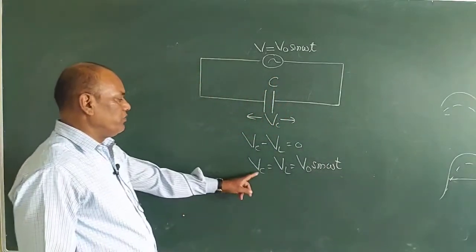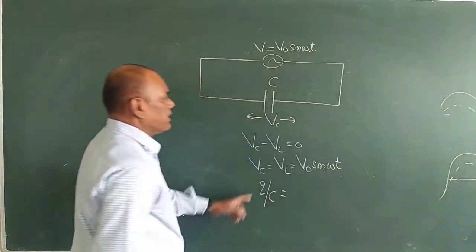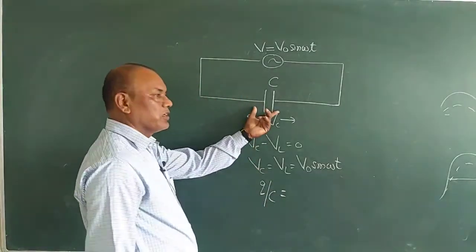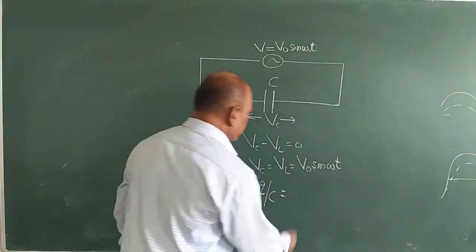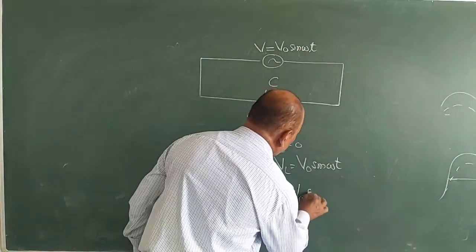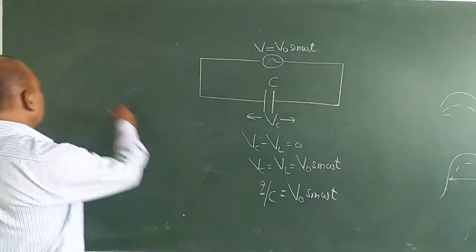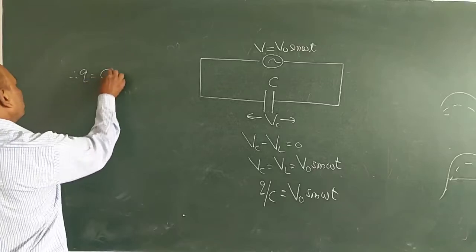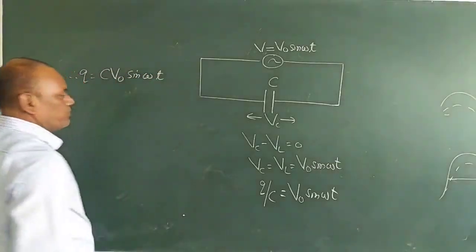We know that Vc is equal to Q by C, where Q is the charge stored on this capacitor and C is its capacitance. So this will be V0 sin omega t. Therefore, Q is equal to CV0 sin omega t.